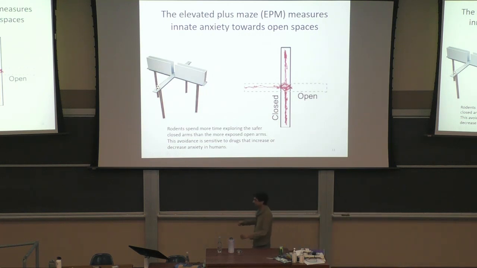So if you give drugs that increase or decrease anxiety in humans, the mouse will also, in the same manner, change its exploration of the open arm. So there's some pharmacological validity in the human and in the mouse in parallel in this behavior, suggesting something to do with the human.